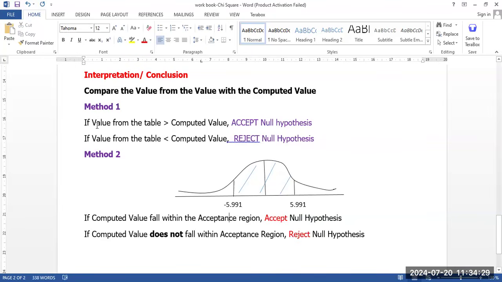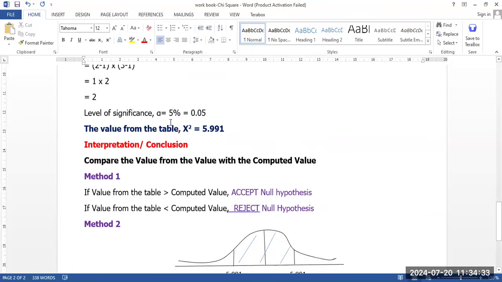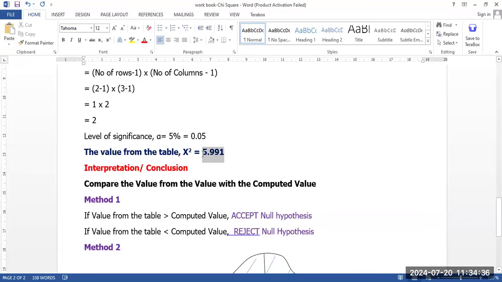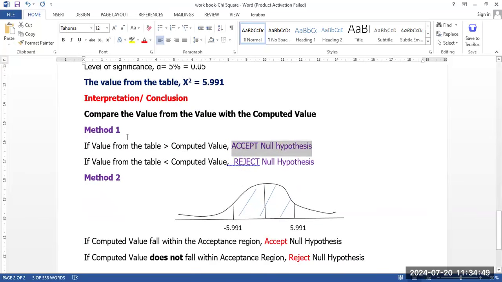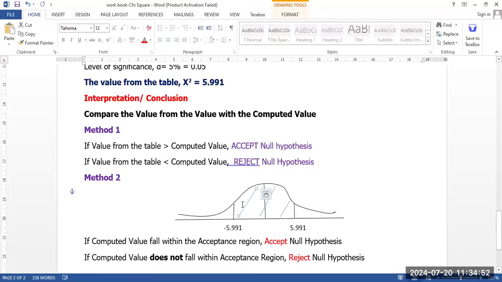Because in method 1, we are saying if the value from the table is greater than the computed value, you accept the null hypothesis. Using this diagram, you will realize that the computed value falls within the acceptance region.